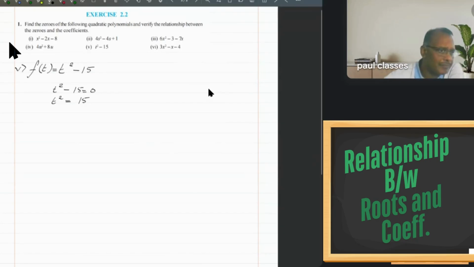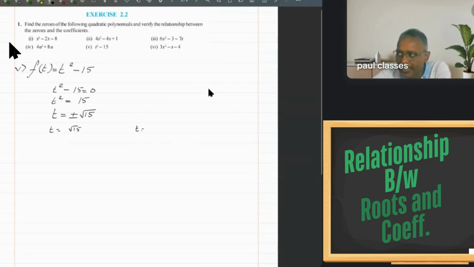Square of a number. T square is equal to 15. What is t equal to? Plus minus root 15. So I have one value as root 15, the other value as minus root 15. ठीक है ना? I'll call this as alpha, I'll call this as beta.